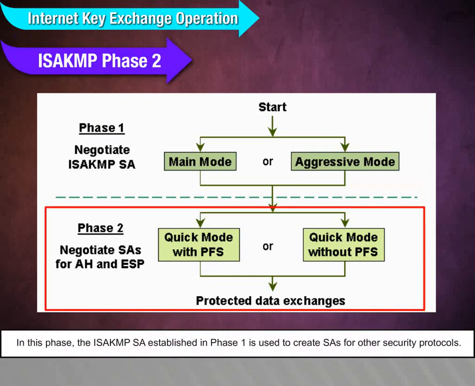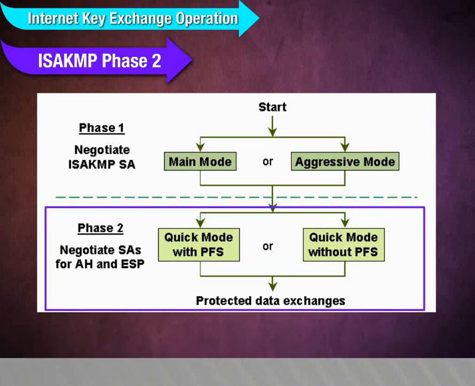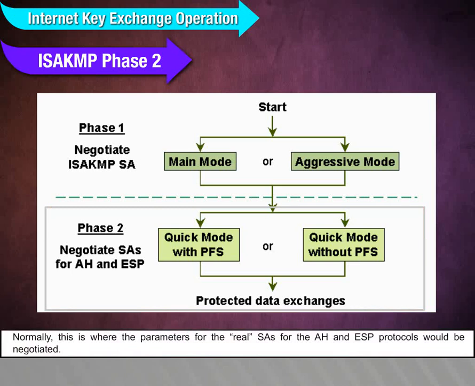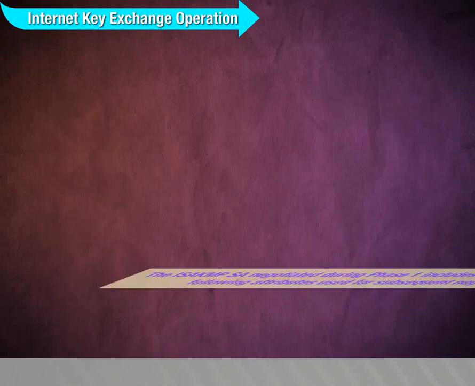ISA-KMP Phase 2. In this phase, the ISA-KMP SA established in Phase 1 is used to create SAs for other security protocols. Normally, this is where the parameters for the real SAs for the AH and ESP protocols would be negotiated.